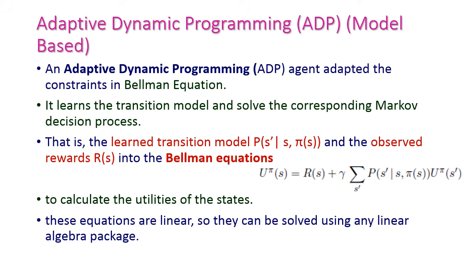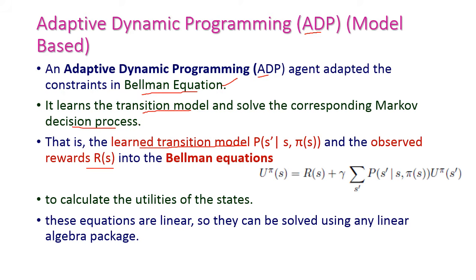Adaptive dynamic programming, that is ADP, which is model based. In this ADP, the agent adopts the constraints in the Bellman equation. That means this agent learns the transition model and solves the corresponding Markov decision process. The agent plugs the learned transition model and the observed rewards into the Bellman equation.